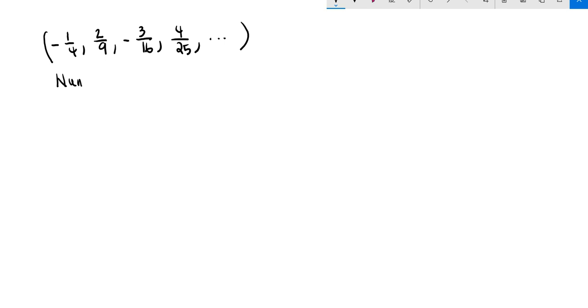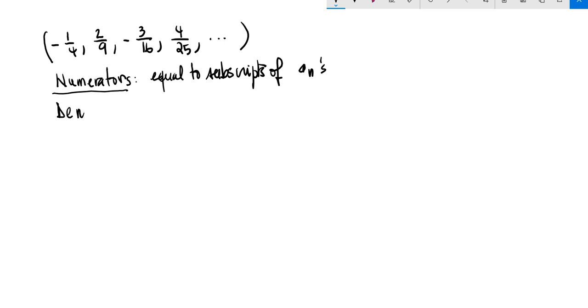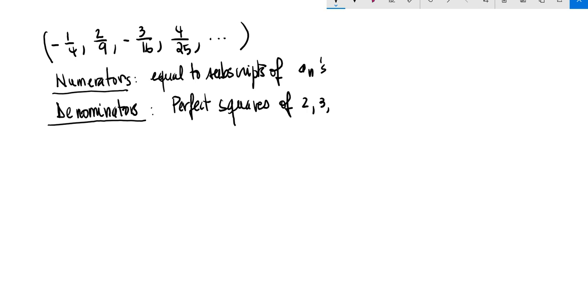Again, we notice that the numerator is equal to the subscript of the a sub n, and the denominators are perfect squares of 2, 3, 4, 5, and so on.